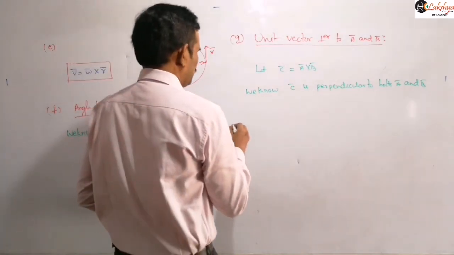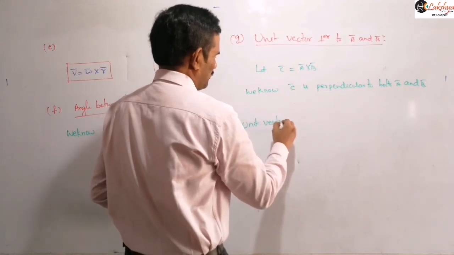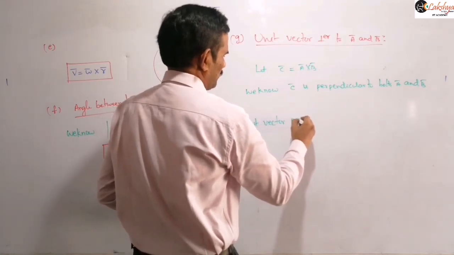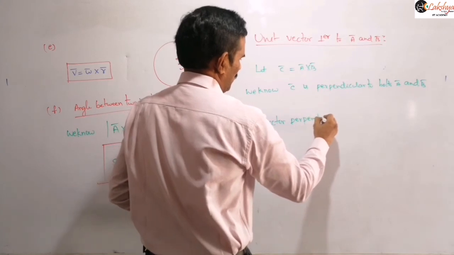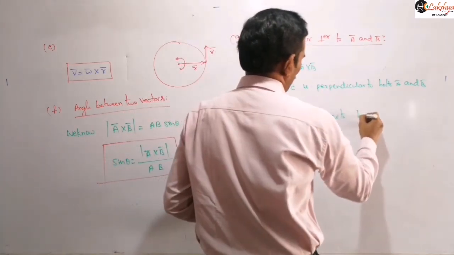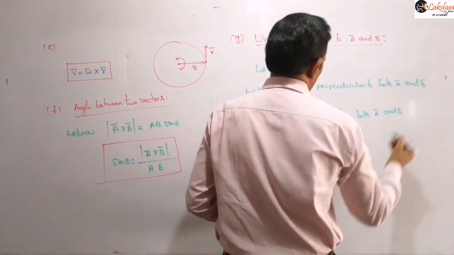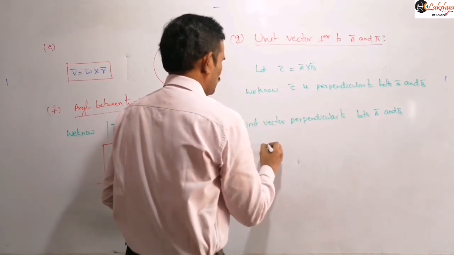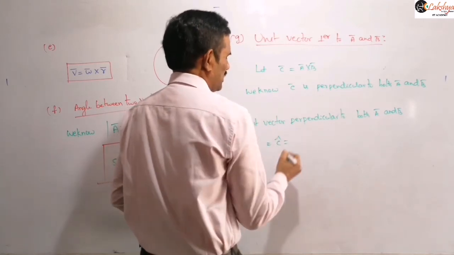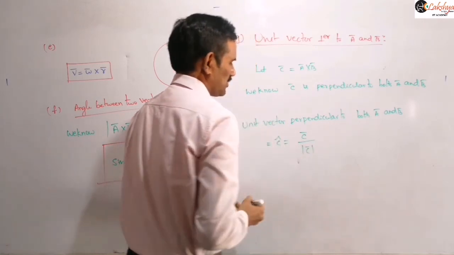Therefore, the unit vector perpendicular to both a bar and b bar is equal to c cap, which is c bar by mod of c bar.